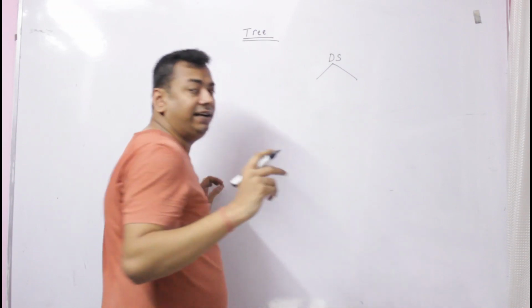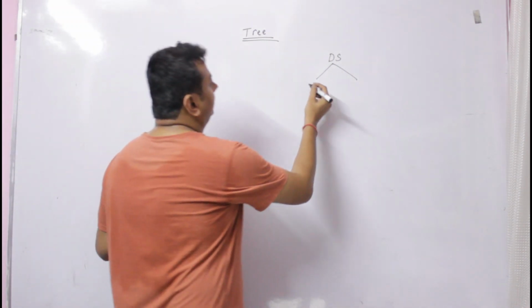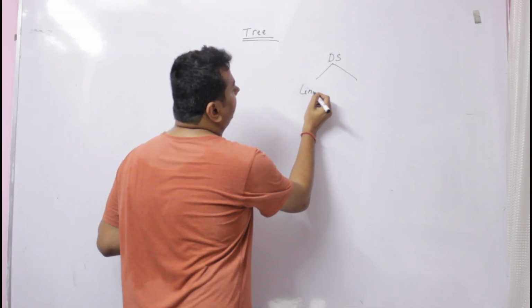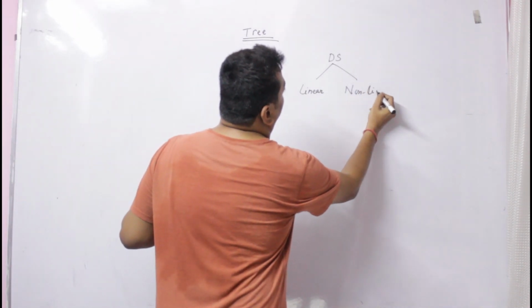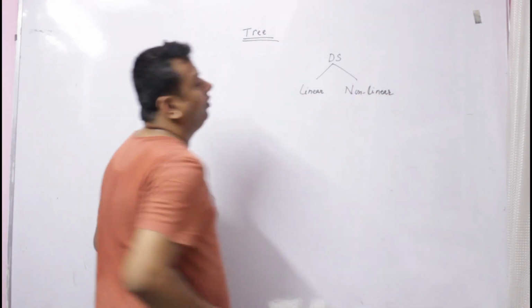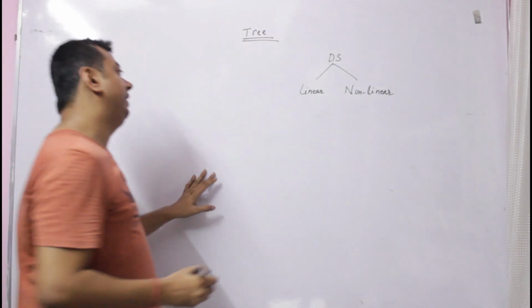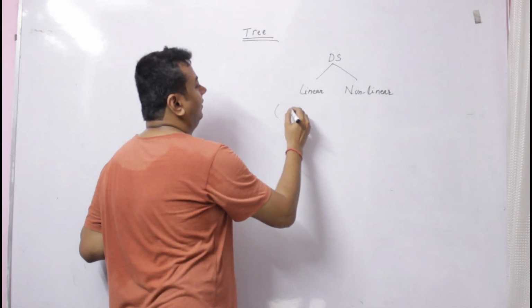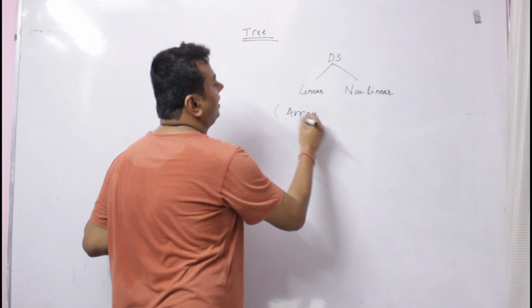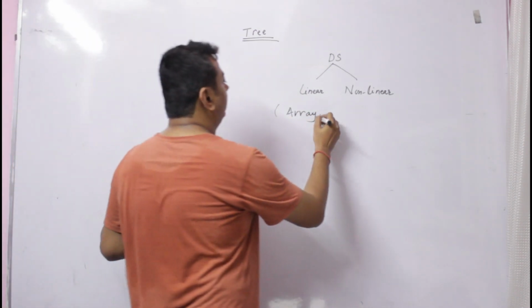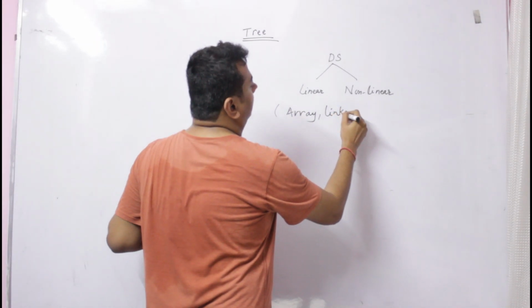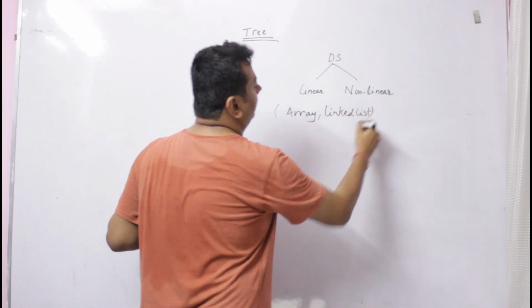Data structures are broadly categorized into two: one is linear data structure and another is non-linear data structure. In linear data structure, you must have come across arrays and linked lists.